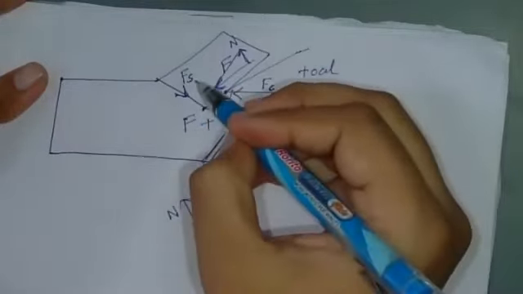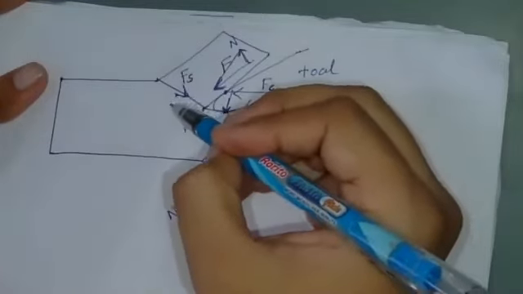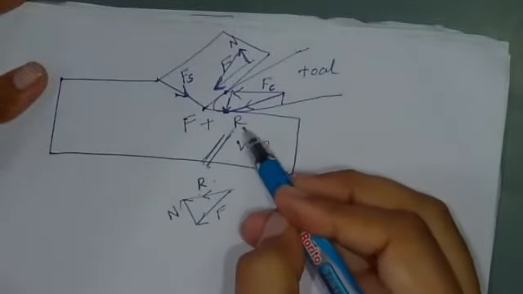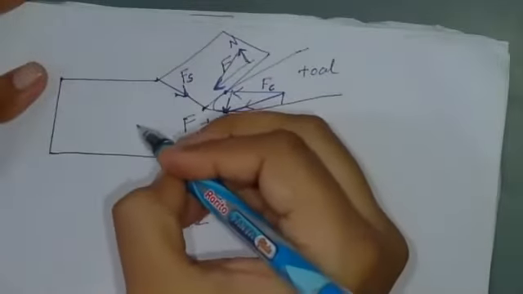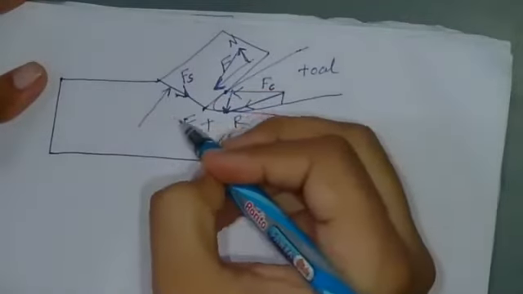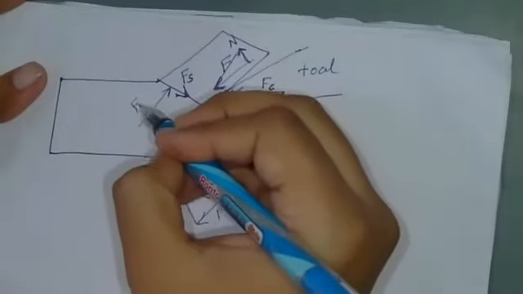Because the chip is also in equilibrium, the total number of forces must be in equilibrium with this R, and therefore we must also understand that Fs is accompanied by another force which is normal to it.